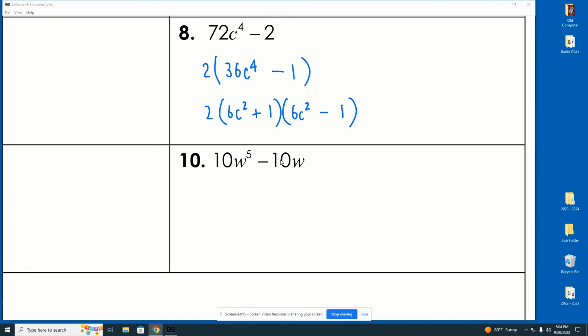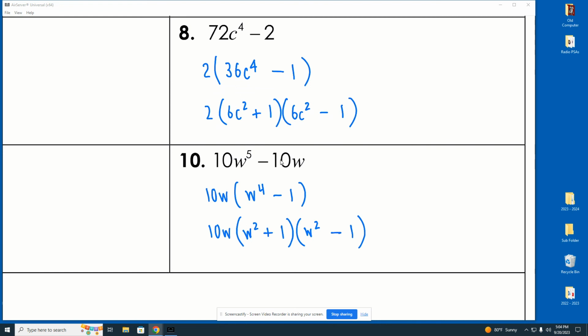I'll show you this one real quick. Take out a 10w. That leaves me with w to the 4th minus 1. So again, that's the difference of two perfect squares. What are they? W squared, 1 and 1, plus and minus.